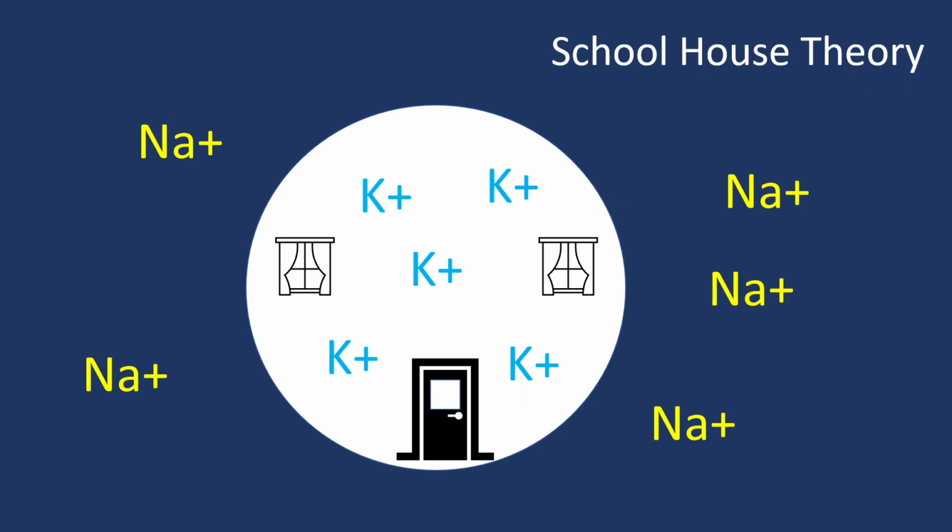Let me introduce you to our next student, which is going to be potassium. Potassium loves being inside the cell. It loves the predictability. It loves the control of being indoors.